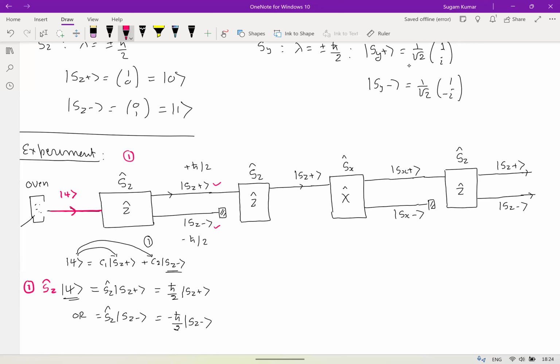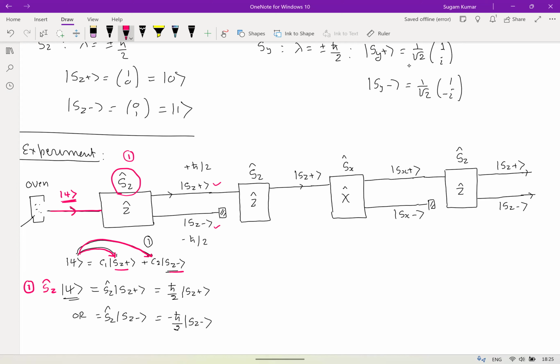You can see here, when this Sz operator operates on this wave function psi, this arbitrary ket is going to collapse either to this state or to this state. If you do only one measurement, it will collapse to either this state or to this state.